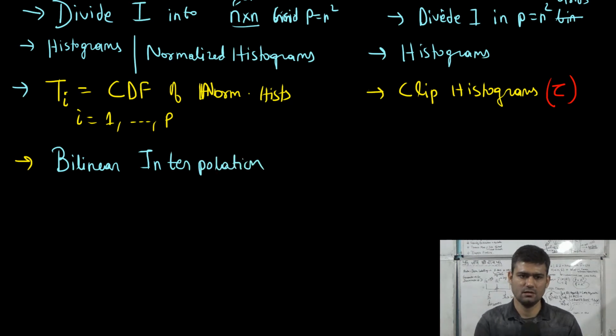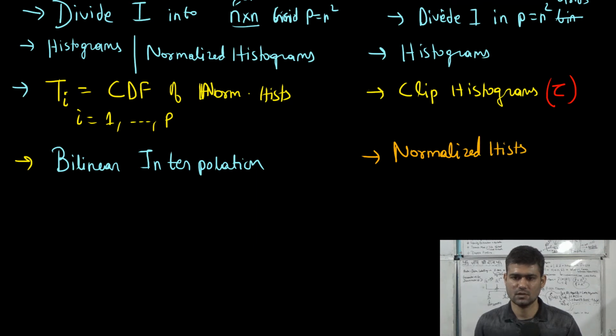Here, after clipping the histograms, we compute the normalized histograms. And then we compute the transformation functions using the cumulative distribution functions of the clipped normalized histograms.